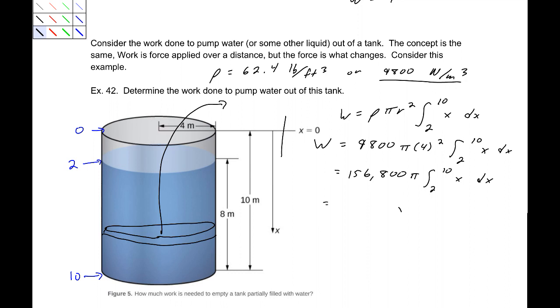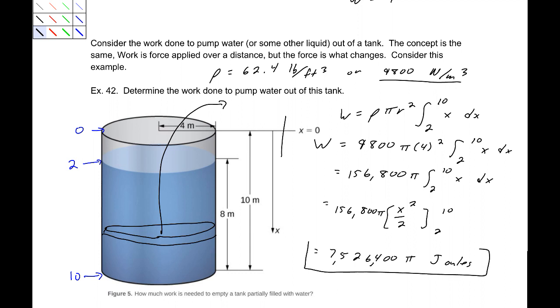That integral will be x squared over 2, evaluated from 2 to 10, times 156,800 pi. And the evaluation gives us 7,526,400 pi joules. So that is about 7 million pi joules to force that water out of that tank.